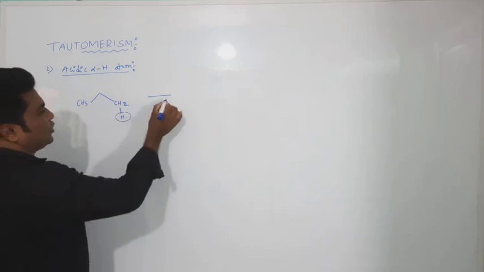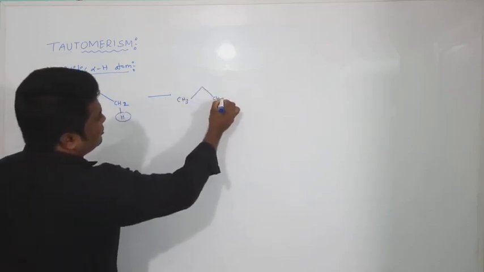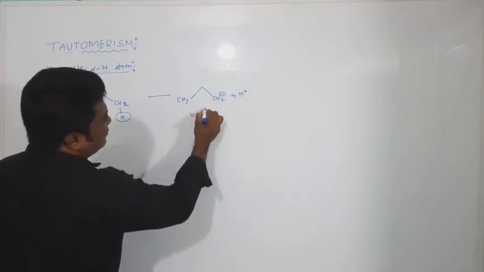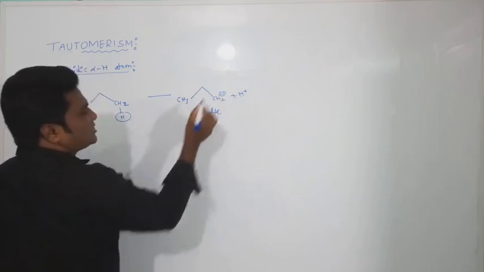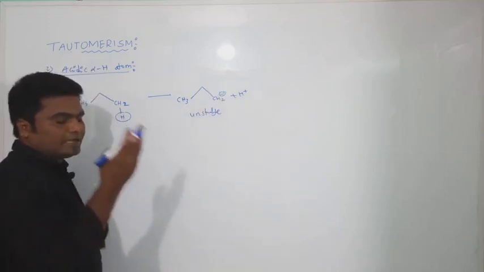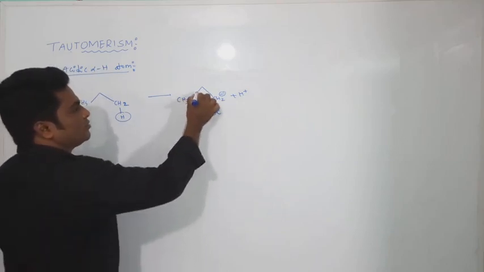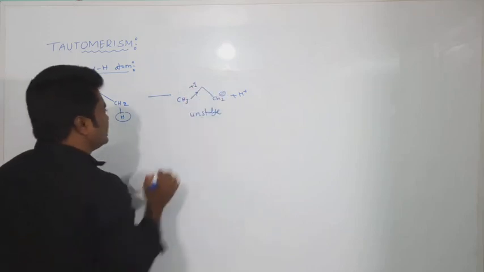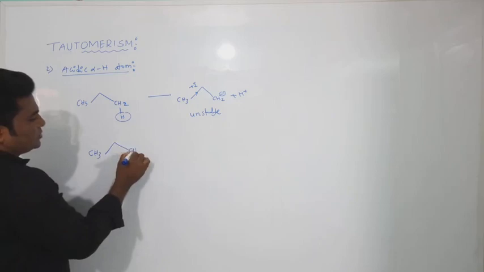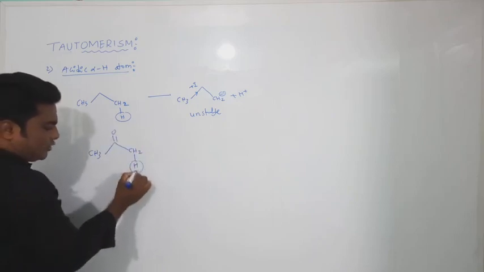For example, if you remove this hydrogen, you get CH2 minus and H plus. This is highly unstable. Why? Because this negative charge is not stabilized by any electronic effect like hyperconjugation, resonance, inductive effect, or aromaticity. This is a plus I effect, so it is highly destabilized. For example, if you take this one, CH2 and here H, this hydrogen is acidic.